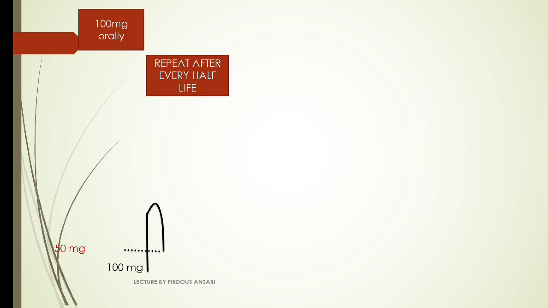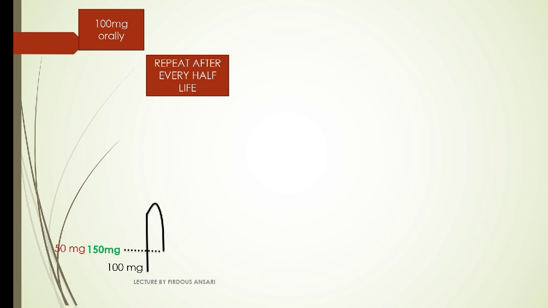So when you have given 100 mg and that 100 mg has undergone metabolism and elimination, and now the plasma concentration of the drug is just 50 mg, at that time you should give another dose of 100 mg. So when you give a 100 mg dose and previously we had 50 mg, that happens to be 150 mg.